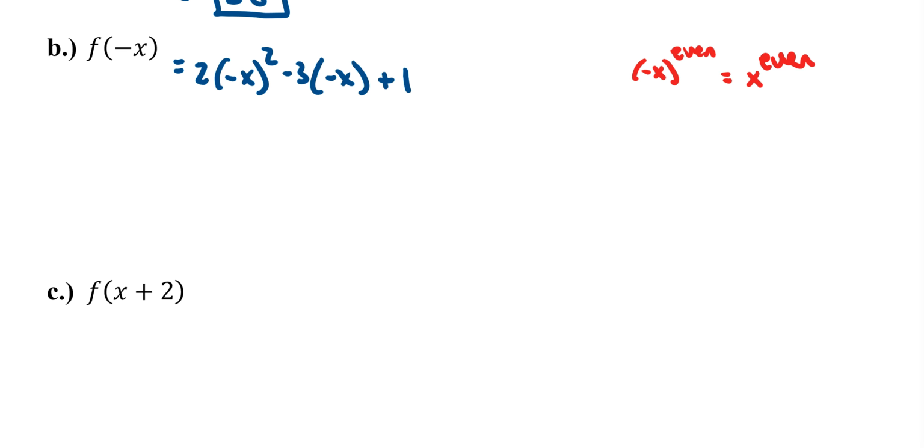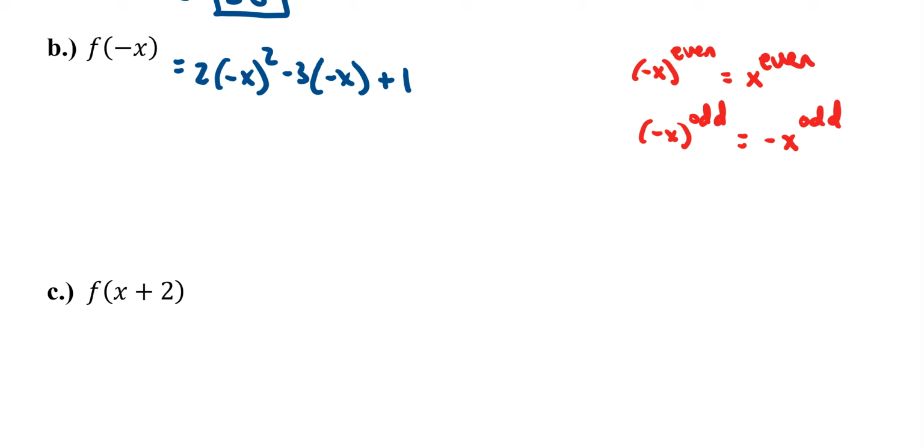So you can just get rid of the negative, get rid of the parentheses, and rewrite it as x to whatever the exponent is. If you have a negative to an odd power, the values are going to pair up, but there's going to be one negative left over, making the entire thing negative. So a negative to an odd power is just going to be the same exact thing, but the parentheses are gone, making the whole thing negative.